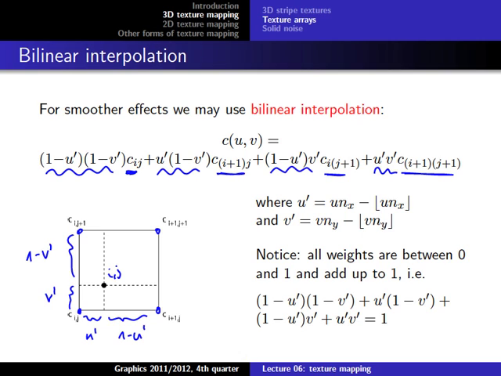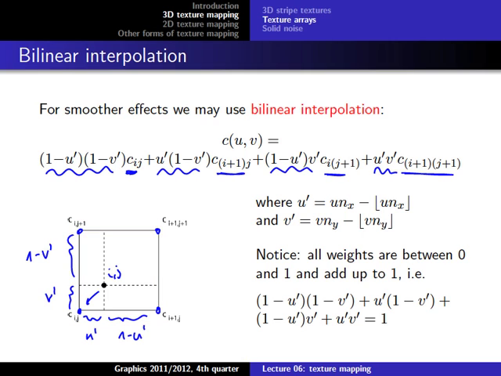The closer we get here, the larger these 2 values get. So the larger this weight here, the larger the impact of this color value is on our total sum. And these weights, v dash and u dash, get smaller if this gets closer to here. So the influence of this color value here gets reduced.